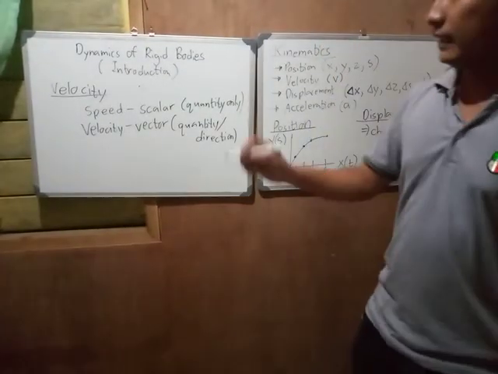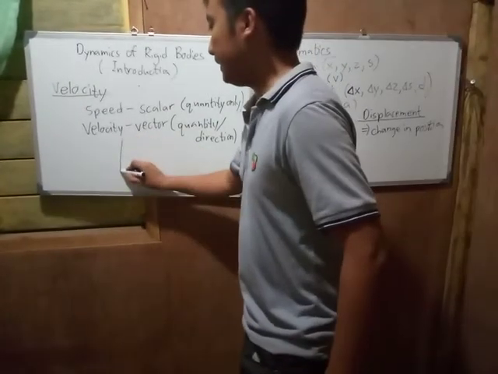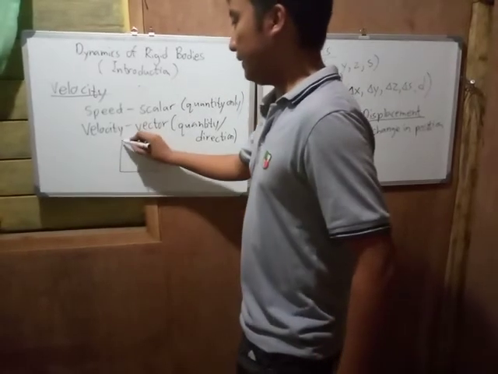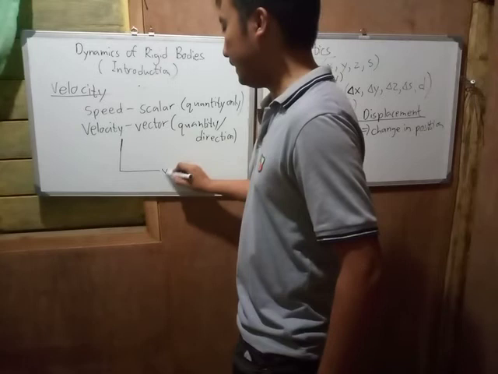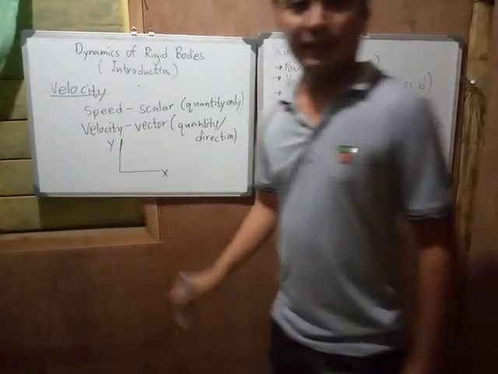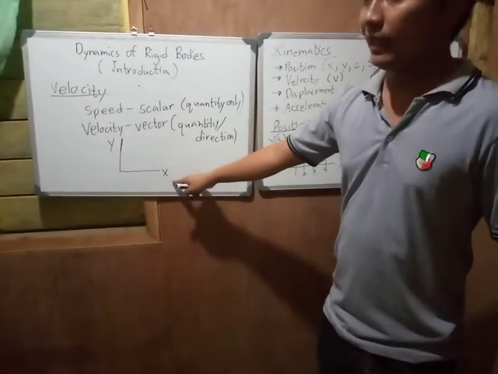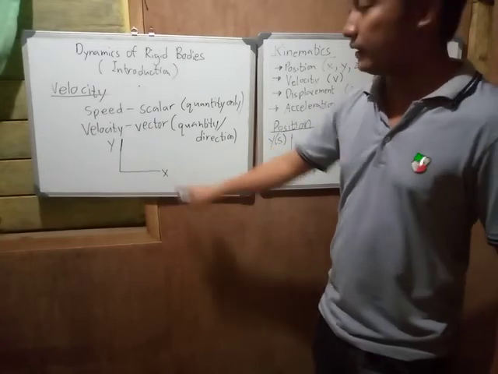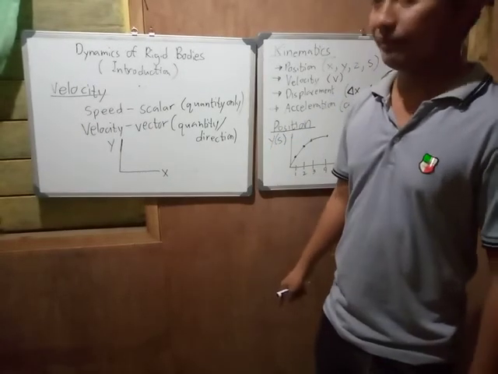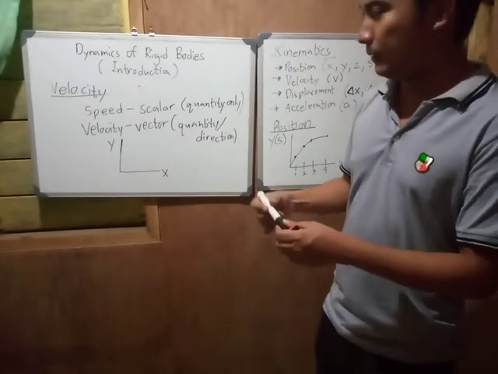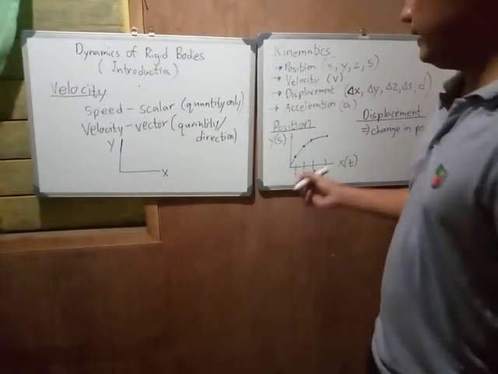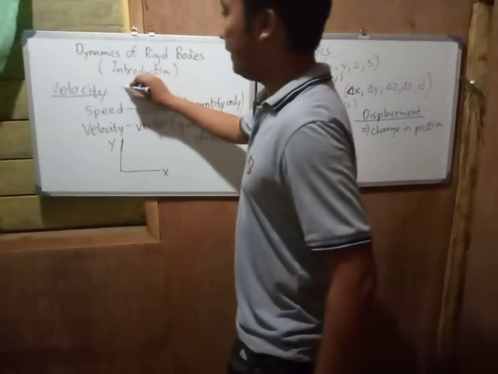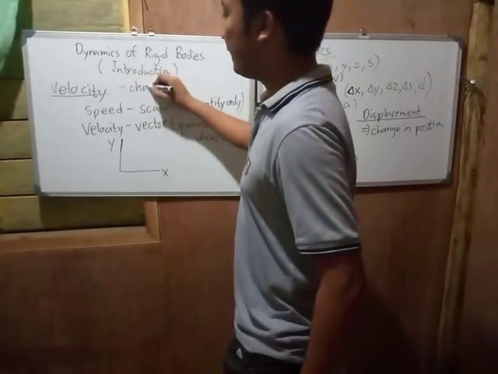Specifically, dito sa subject matter natin, sa dynamics, yung mga quantity natin is inilalagay natin sa XY axis or sa Cartesian coordinate plane. And then, ano ba tong velocity?